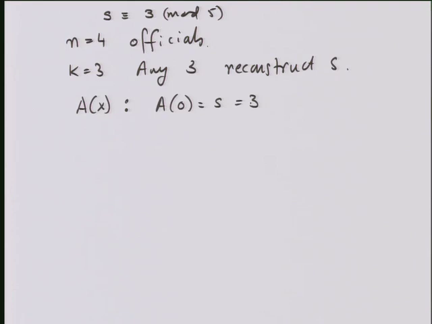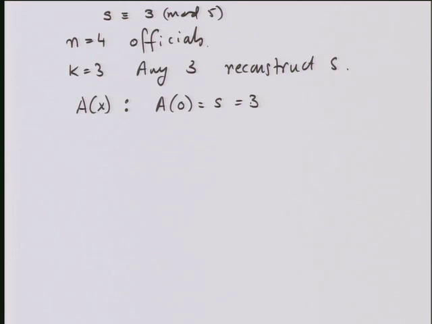We are working mod 5 in everything. And now we are going to choose this polynomial at random. Then to these 4 different officials, we are going to hand them the value of this polynomial at 1, 2, 3, 4.